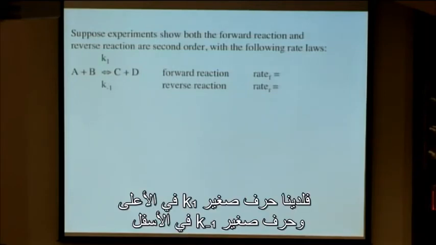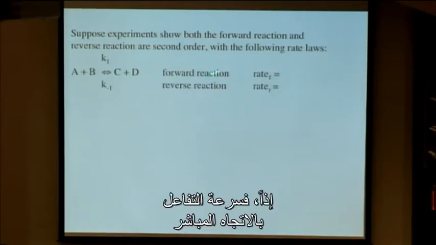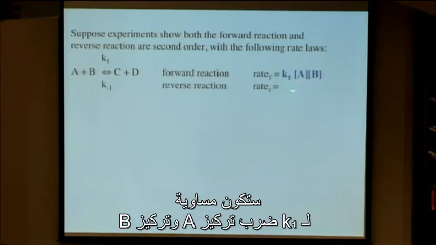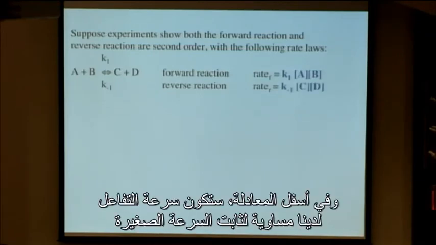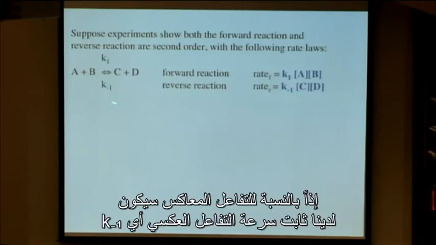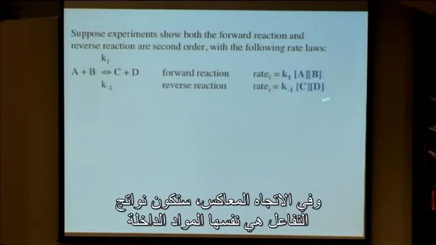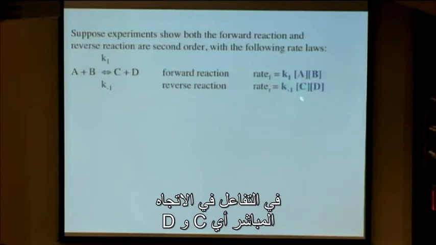So we have small letter k1 on top, and small letter k minus 1 on the bottom. So the rate of the forward reaction is going to be equal to k1 times the concentration of A and the concentration of B. And on the bottom, the rate is going to be equal to the little rate constant for the reverse reaction, k minus 1. And in the reverse direction, our reactants are the products for the forward direction, C and D.